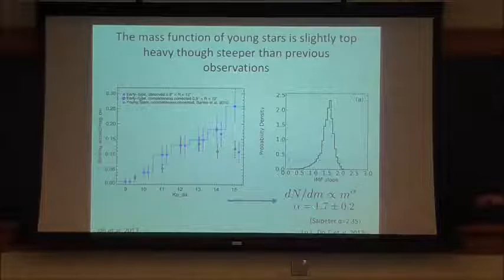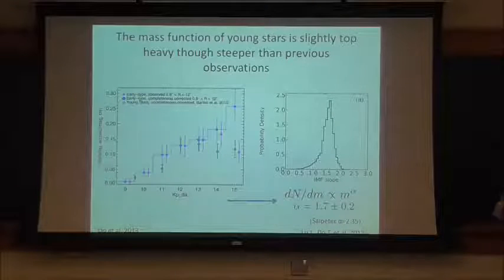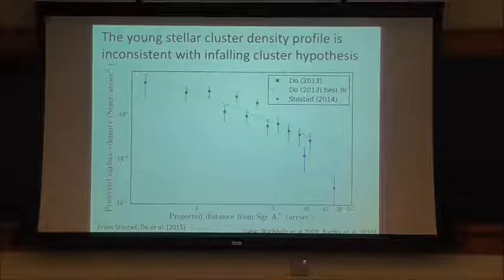You can see it peaks about 1.7. So it's still flatter than Salpeter. So I think in the galactic center, the initial mass function is flatter than Salpeter, I mean more top-heavy basically, but probably not as top-heavy as this other result. Right now, I'm a little bit unsure why there's such a big difference actually, but okay.